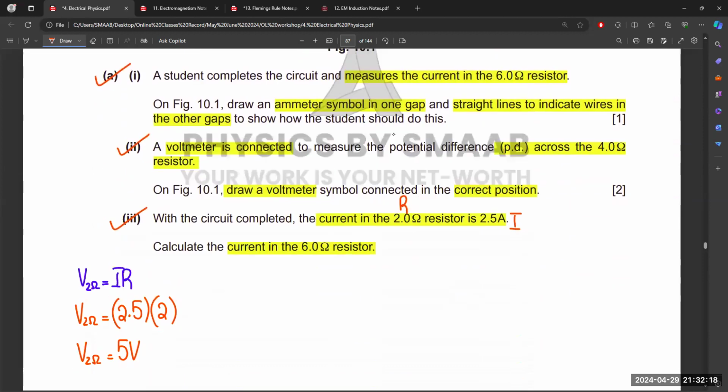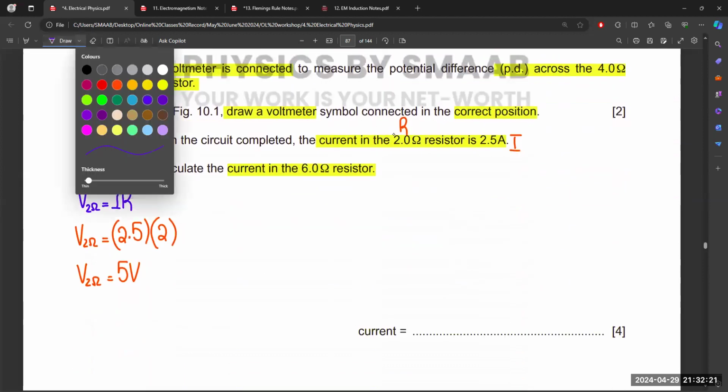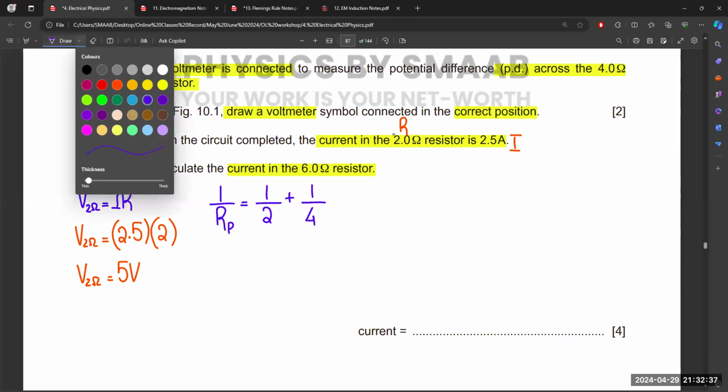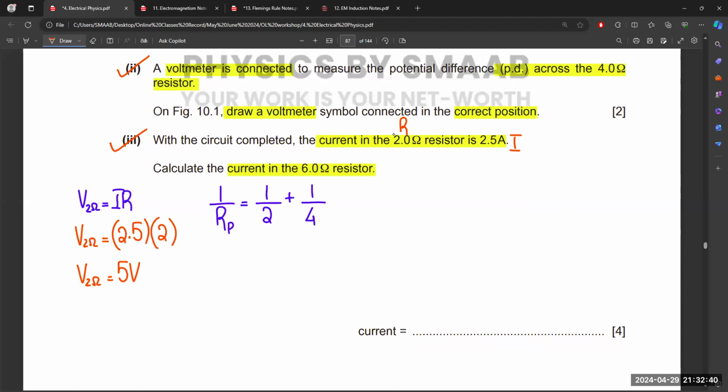So if we combine them in the parallel combination, 1 over 2 plus 1 over 4, in this combination we will get the value 4 over 3.